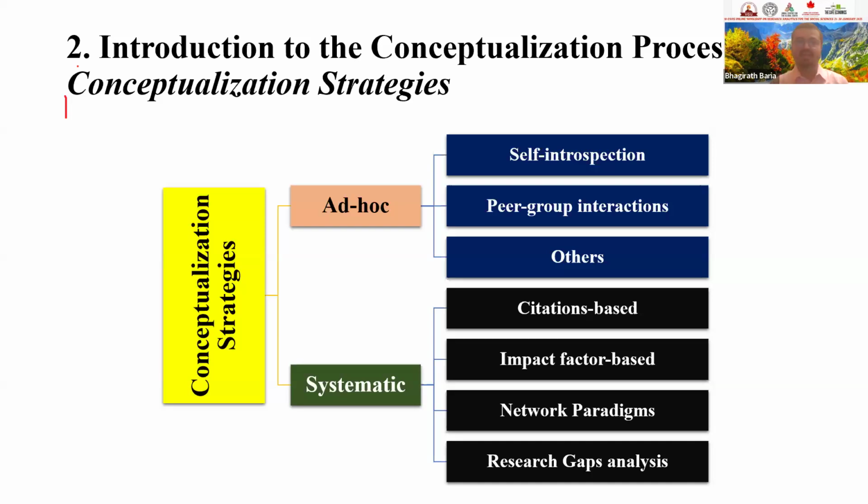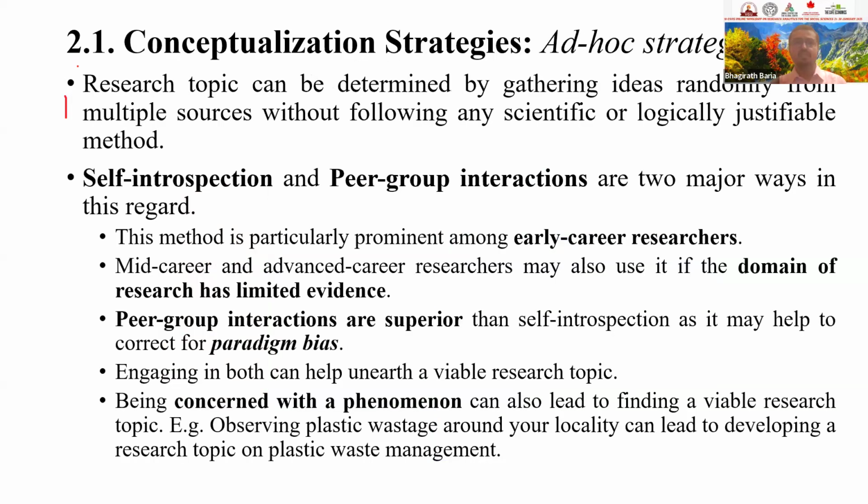So I have two major kinds of strategies for you: ad hoc, which are not based on very well-defined scientific protocols, and systematic, where you have a well-defined scientific protocol. All right, we'll look at them one by one. Ad hoc strategies are generally determined randomly from many sources, from newspaper articles, from journal articles, from talking to people.